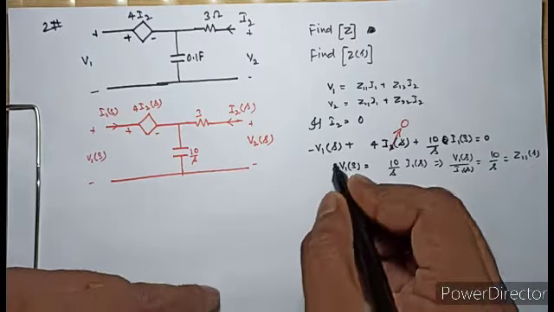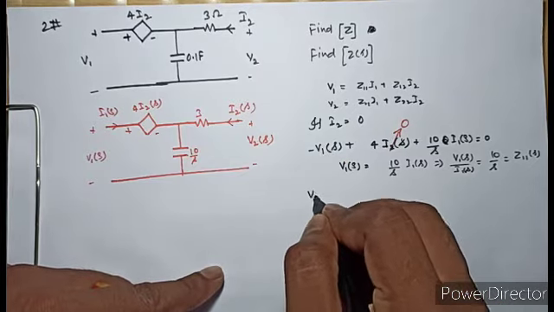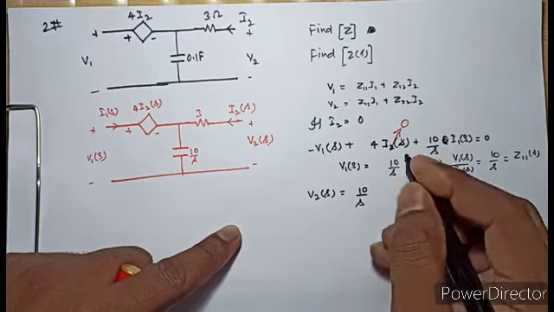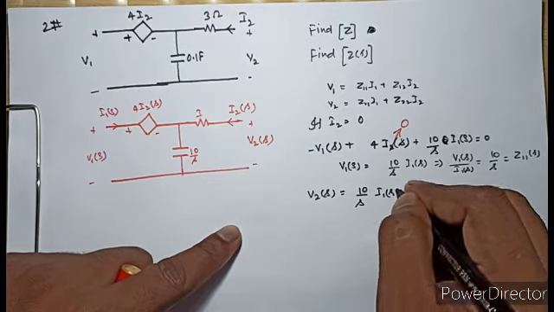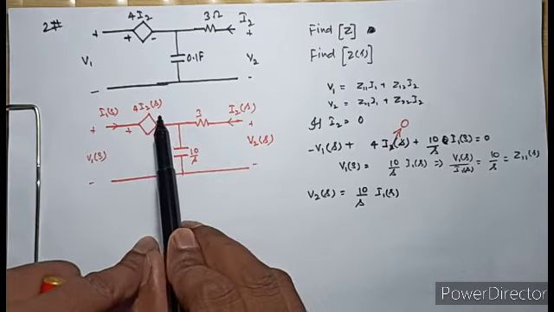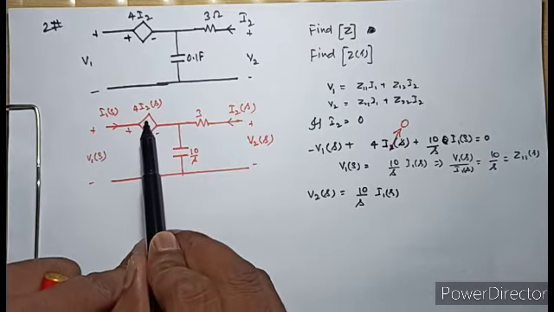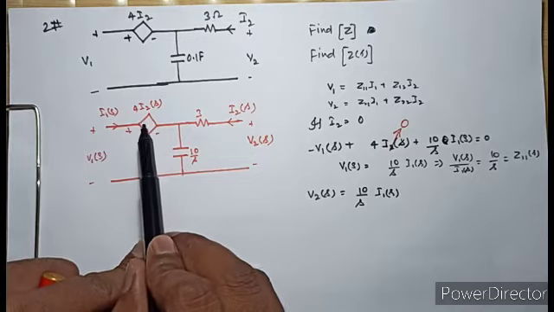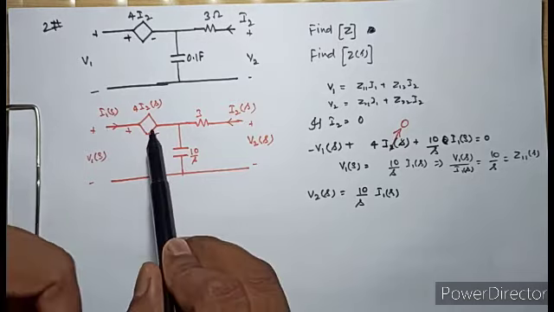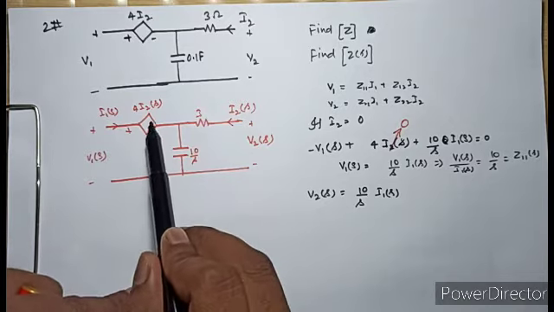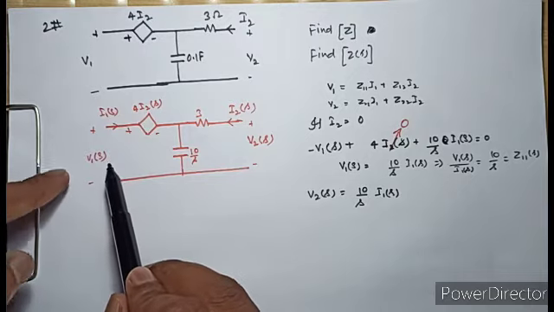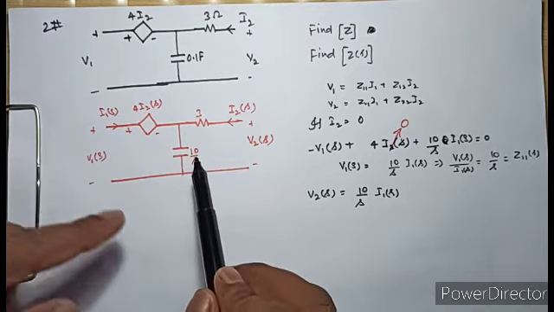Also from secondary we can write V2 of S is equal to 10 by S I1S. How? Because if I2 is equal to 0, then this will get short circuited, because this is a current dependent voltage source, and if I2 is 0, there will be no voltage drop across this, and this will act like a short circuit. So whatever V1 will just appear here, right?